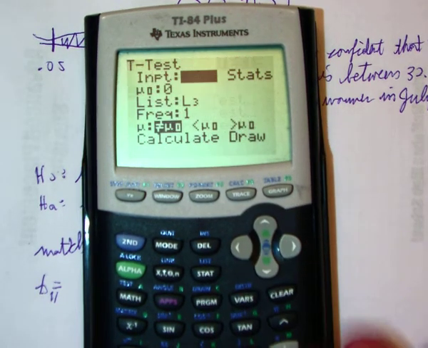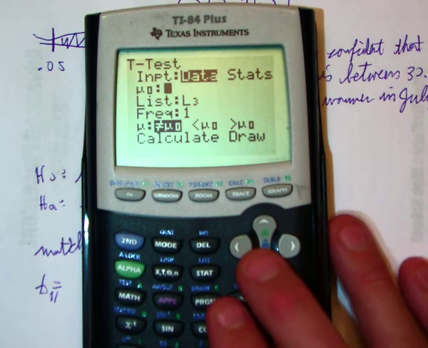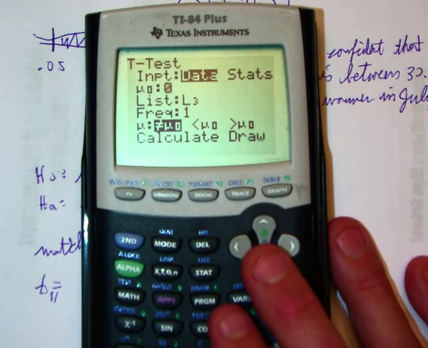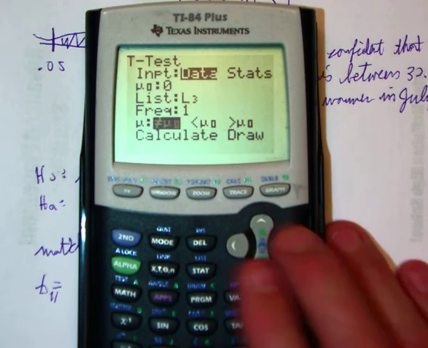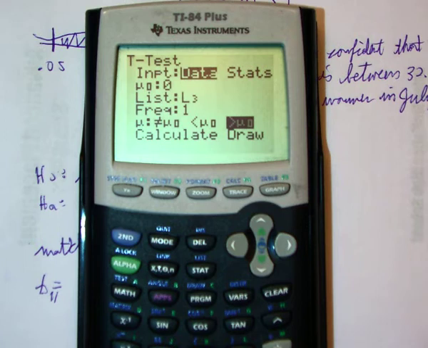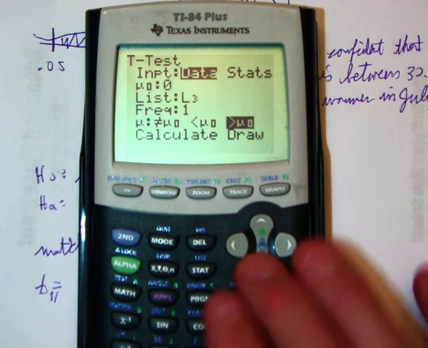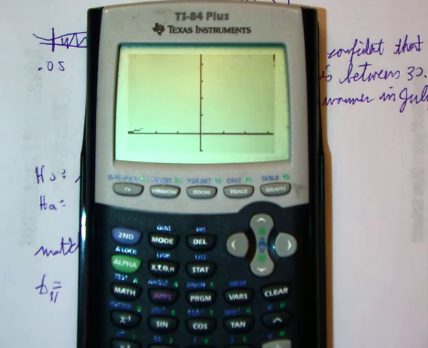So let's go to t-test. We're going to use data. The difference is going to be 0. That's our hypothesized difference. We're pulling off L3 since those are where the differences are. We're trying to see that L3 is positive because we did summer minus winter, and we're going to draw that up. Okay. Now remember, a 90% confidence interval coincides with a one-tail test, and we're doing a one-tail test.